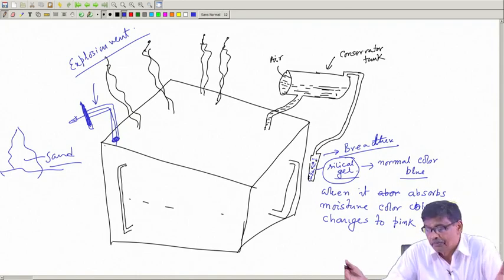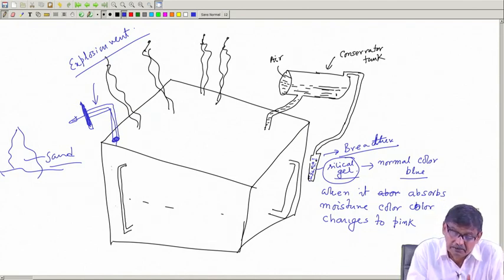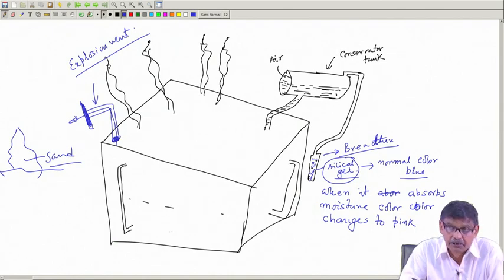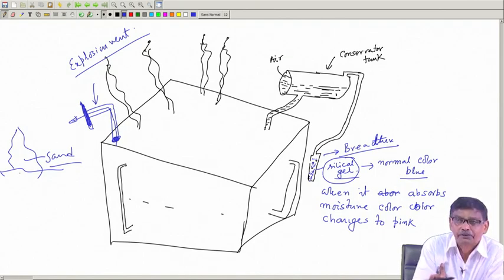If no protection mechanism works, oil will break this thing because of its own pressure and heat generated, and oil will gush out. And you provide a directed path.